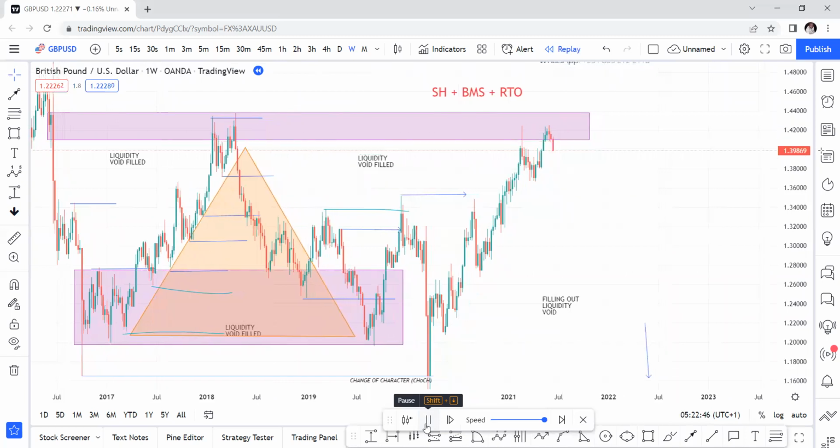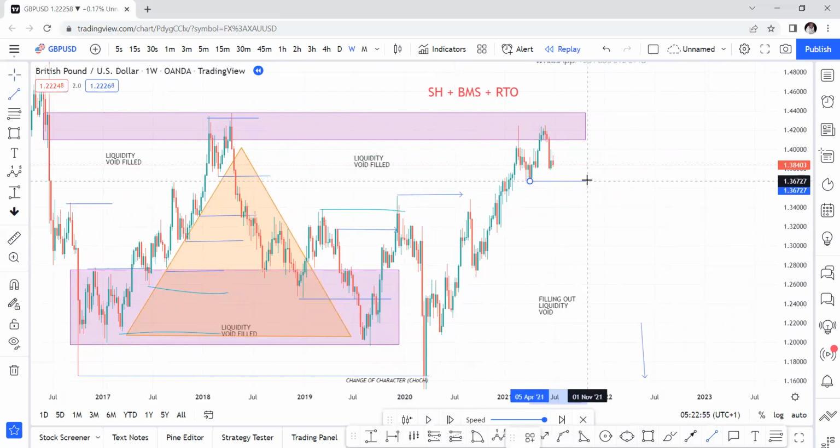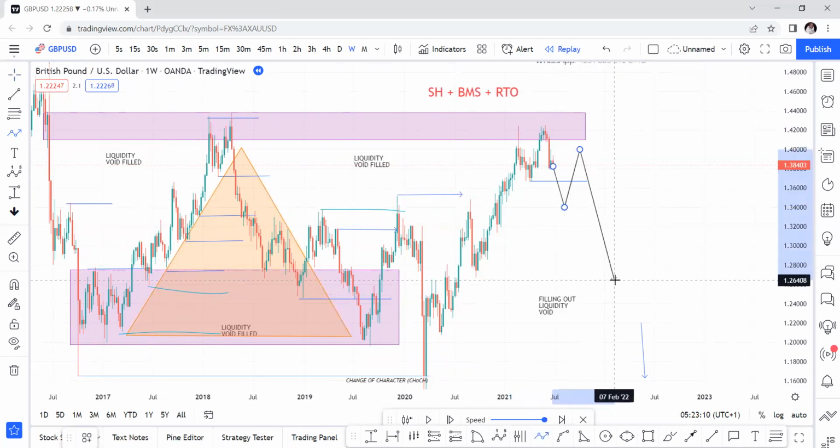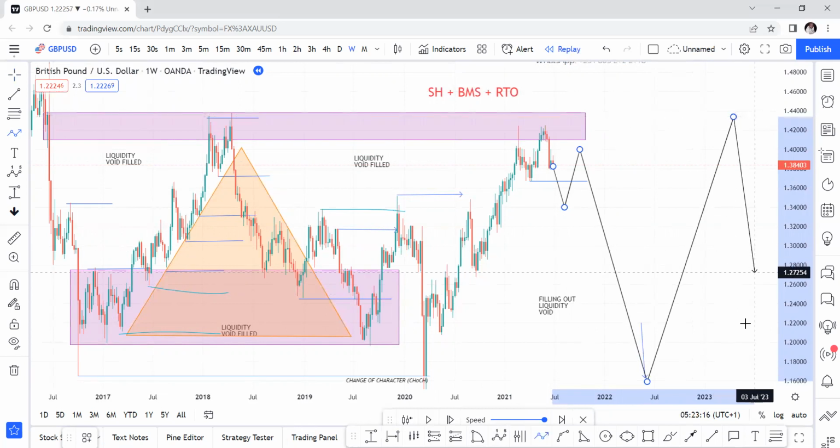So let's play forward. I see that. So your confirmation will come from this shift. So see this. Move to cover up this liquidity gap, move upward, cover it up again, move downward.